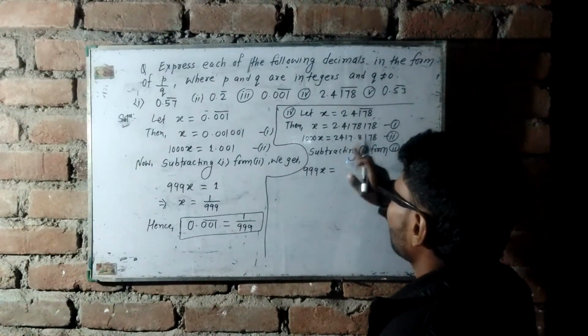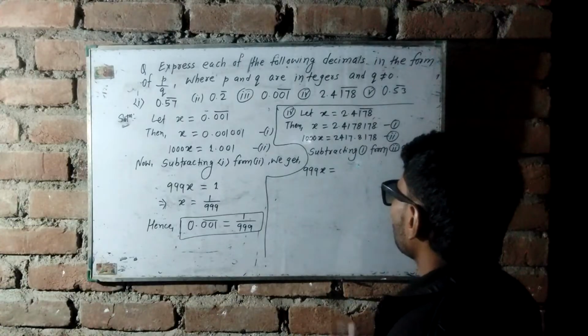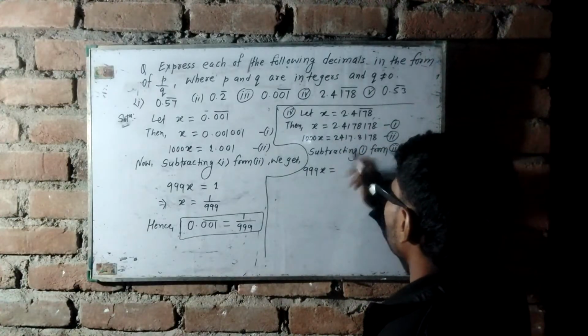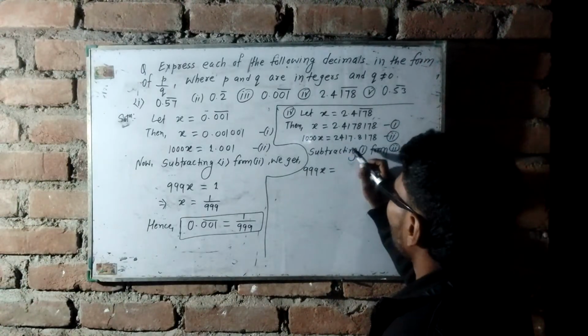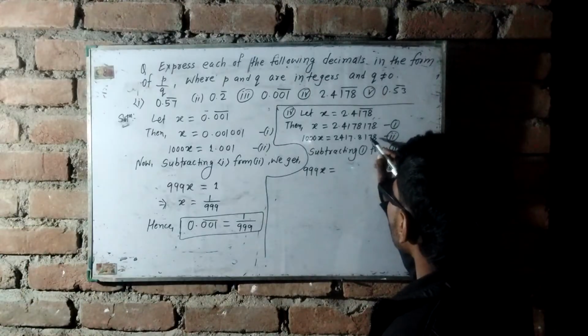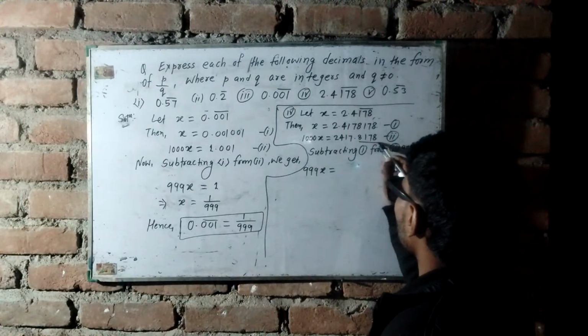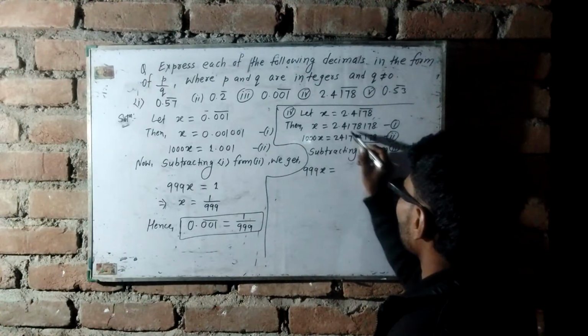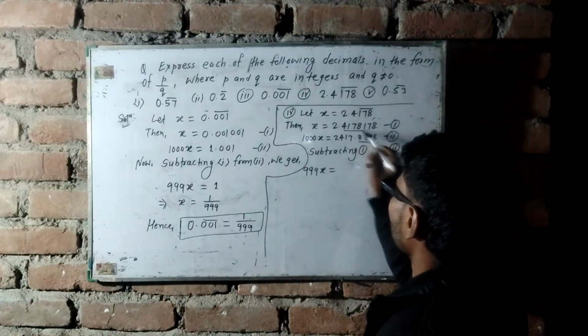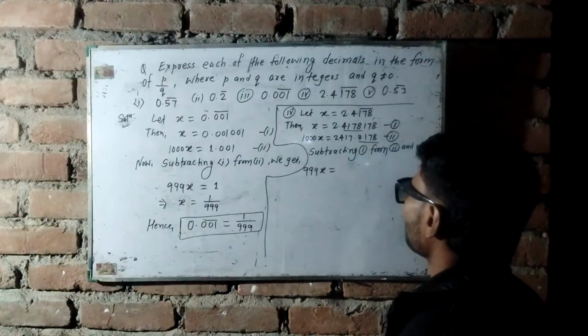So let me subtract first. Here we can see 4 digits after the decimal point in both.